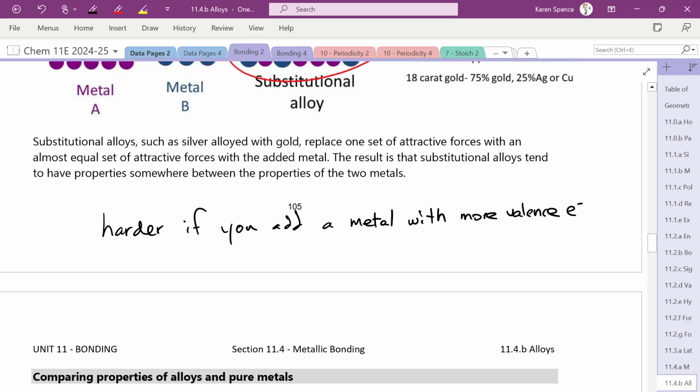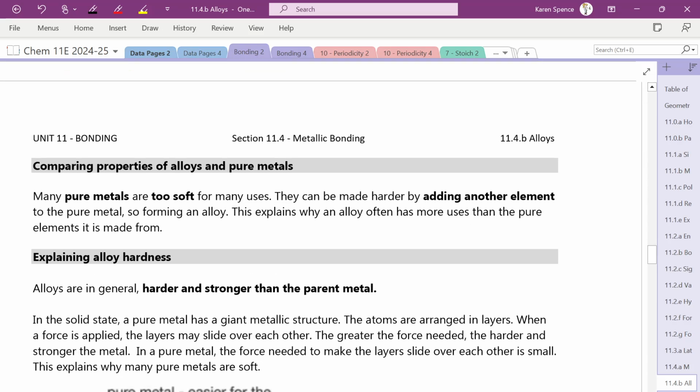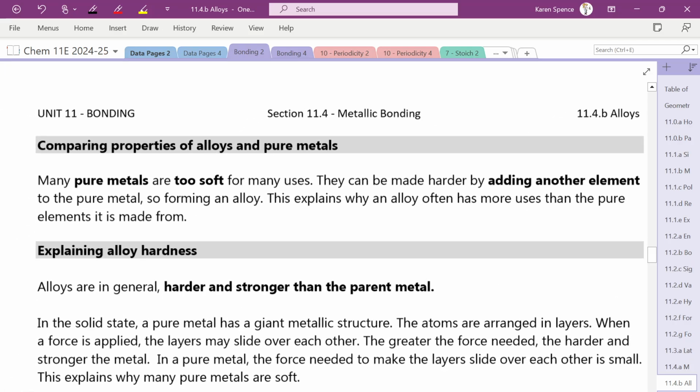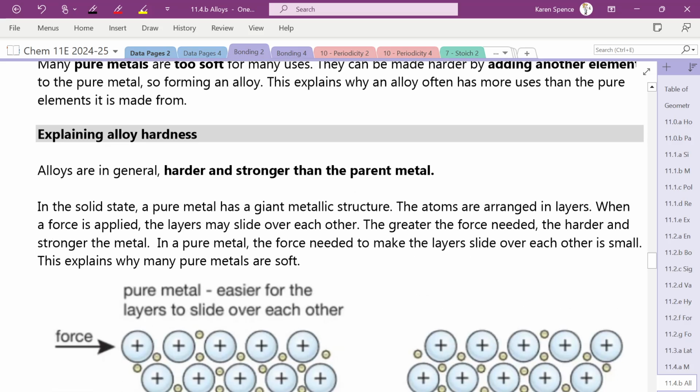You usually end up with properties somewhere in between the two metals. So that's why rose gold, which has copper in it, has that sort of rosy hue from the copper, right? It's a little bit harder because copper is harder than gold. Many pure metals are too soft for many uses. Adding another element makes it harder. They're generally stronger and harder.